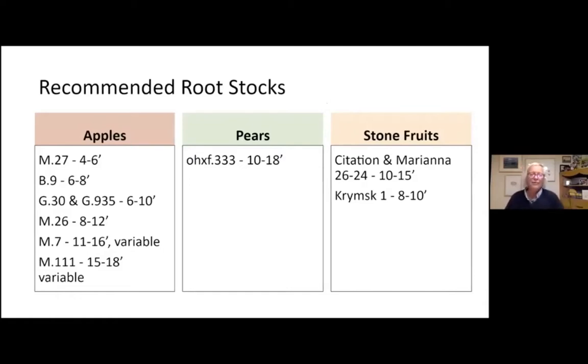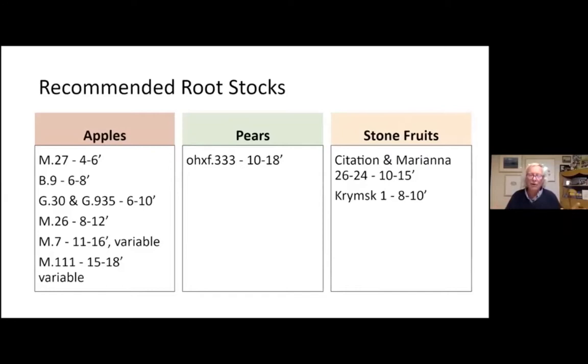With stone fruits, anything with a pit in it, peaches, plums, apricots, nectarines, cherries, and the like, they tend to be very vigorous species, and yet there aren't very good dwarfing rootstocks. Citation is your rootstock of choice for semi-dwarfing stone fruits. And Marianna 2624 is about the same as Citation.